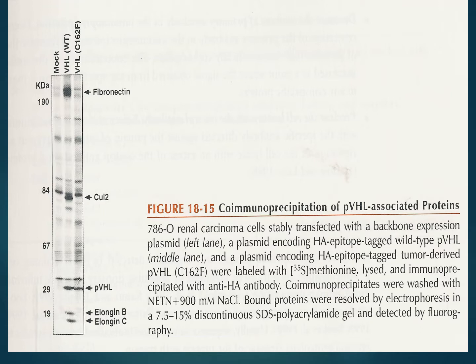This is the cancerous. And they labeled the protein with radioisotope methionine, lysed it and immunoprecipitated with an anti-Ha. And then that co-immunoprecipitated anything that this protein would bind to. So normally in the wild type, what does it bind to?